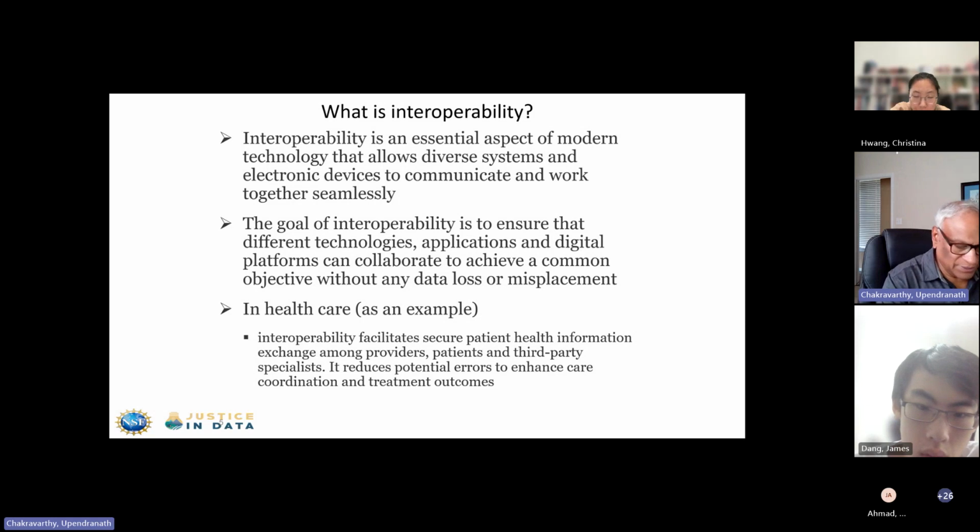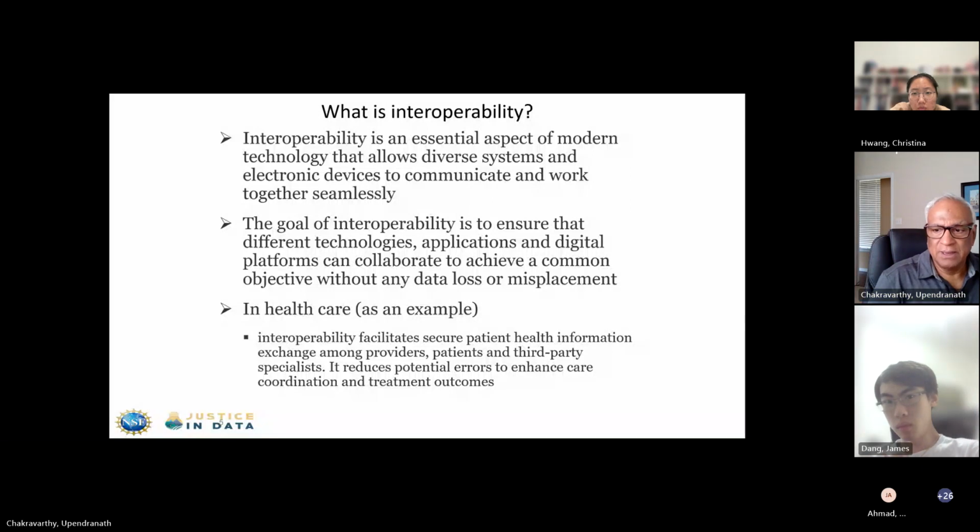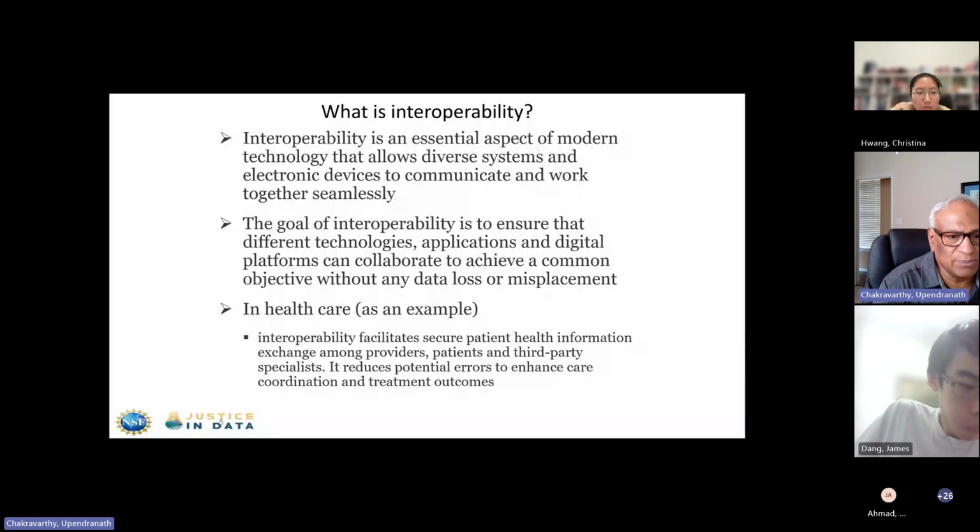For example, I belong to a particular network for healthcare, and all the doctors who are also in that network can see all my data in one place. But if I go to someone outside of the network, they cannot access my data, so they cannot make use of the complete data that is available.